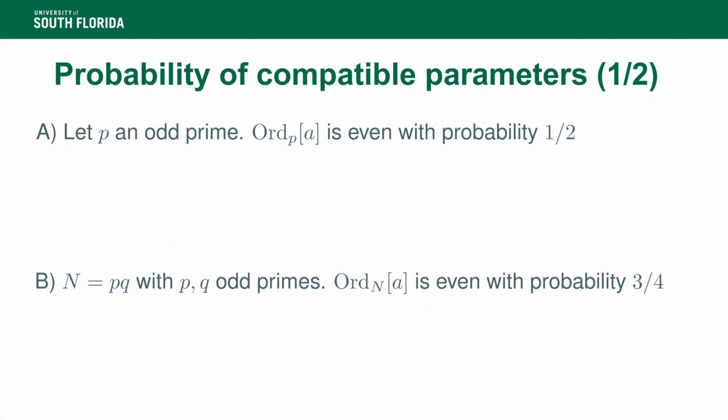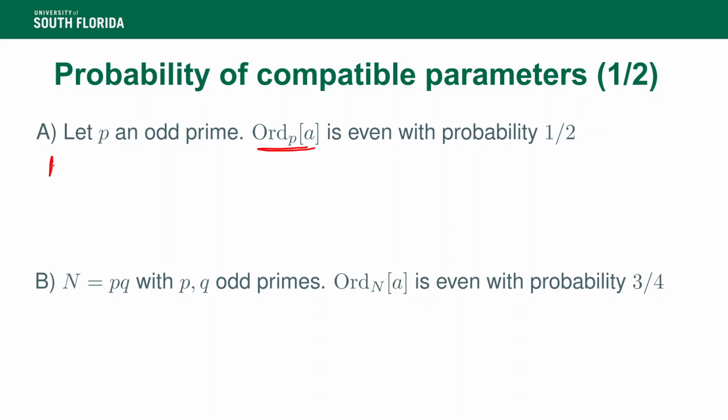So first point: if p is an odd prime, the order modulo p of a is even with probability 1/2. Remember, here we're not dealing with the order modulo n, but first we make a detour by showing that the order of a modulo p, the prime, is going to be even with probability 1/2.